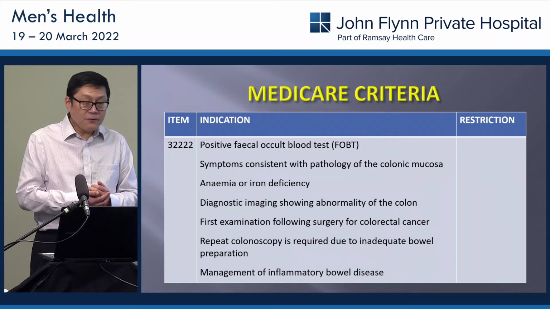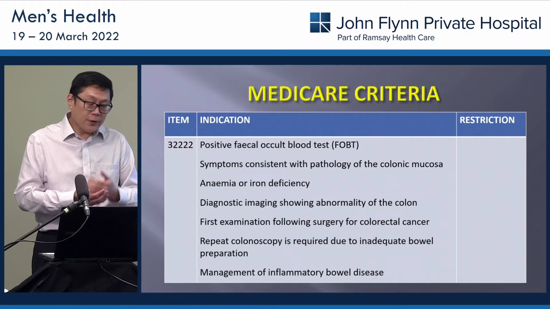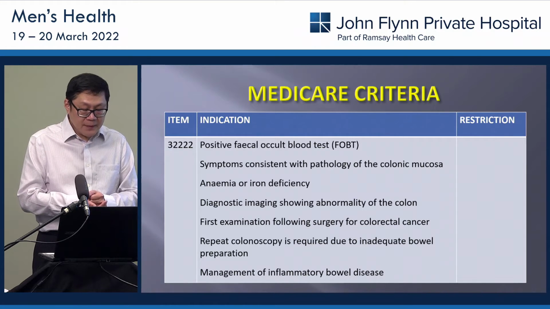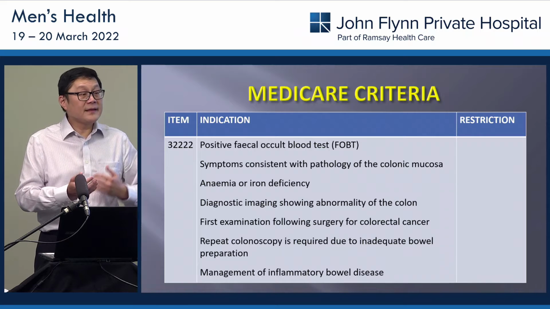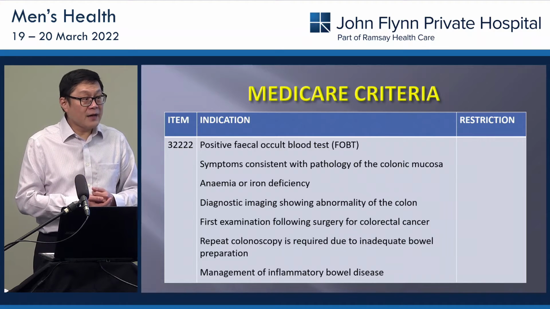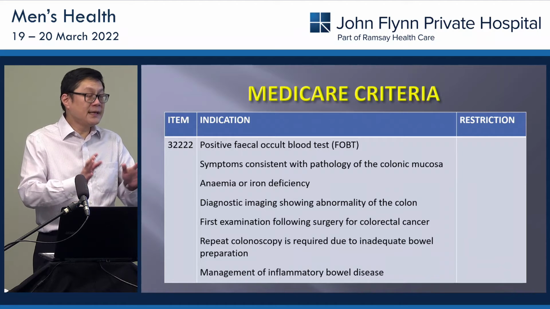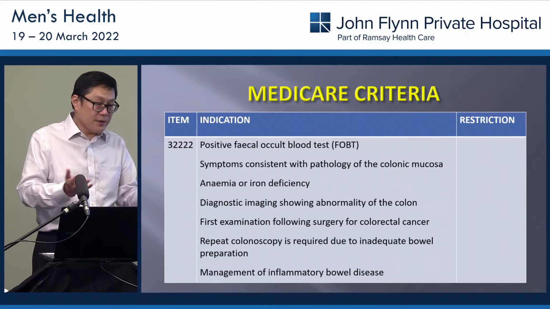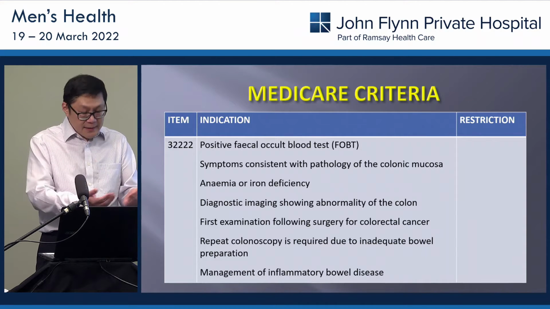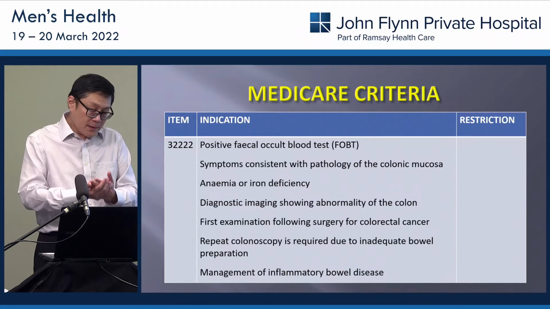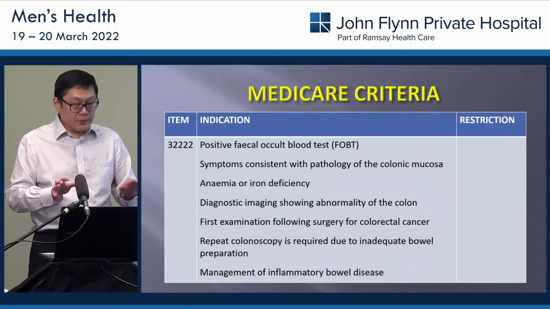There's also provision to repeat a colonoscopy if the bowel preparation is poor, and also obviously to guide treatment of inflammatory bowel disease, as the target for treatment nowadays is to actually see complete disappearance of the inflammation in the colon rather than just symptomatic remission.